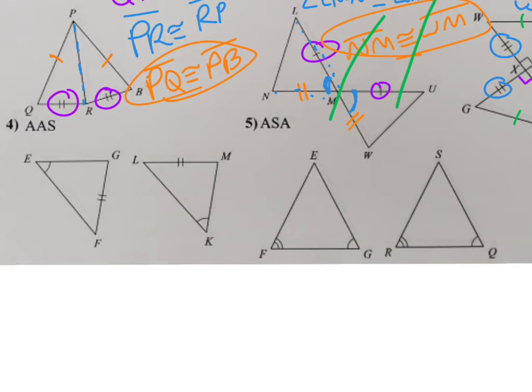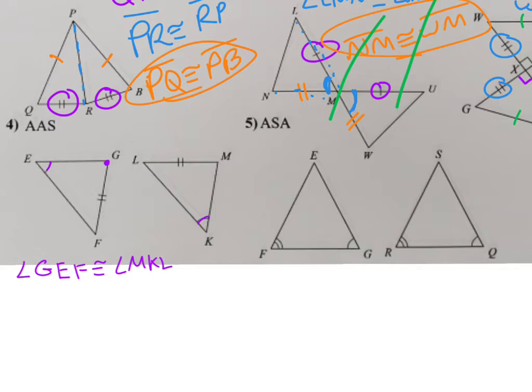All right, number 4. So this one I have to have angle, angle, side. So I have to have two angles and a side. So I already have one set of angles right here. So I have angle GEF is congruent to angle, so I went G, which is on the corner of one dash or two dashes and no dashes, angle MKL.